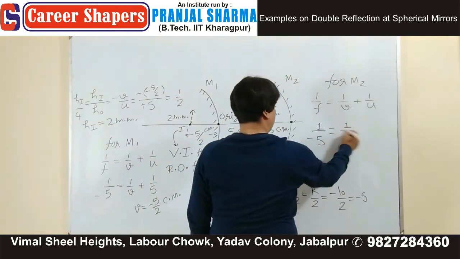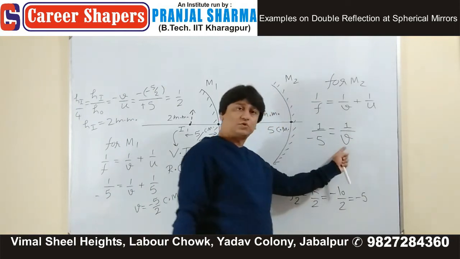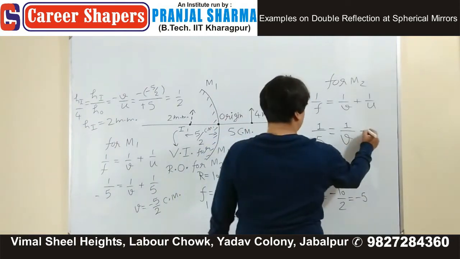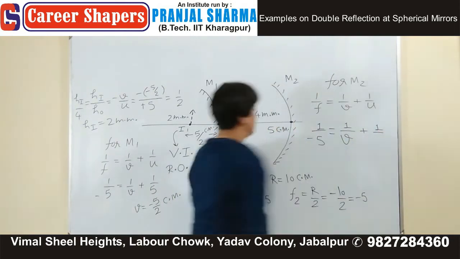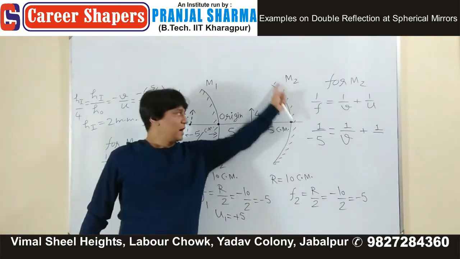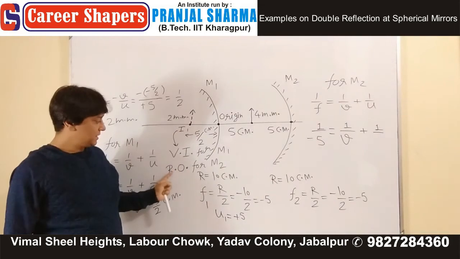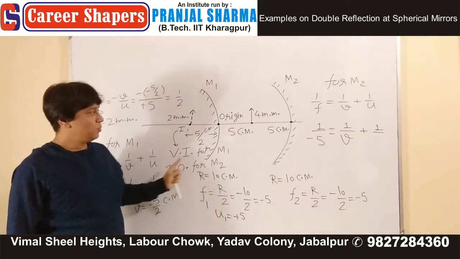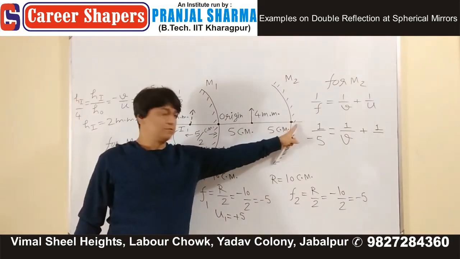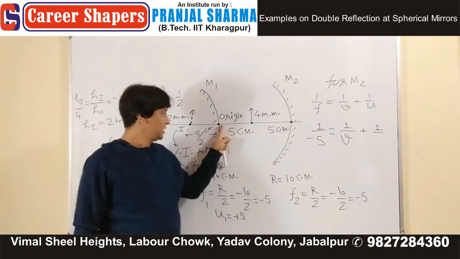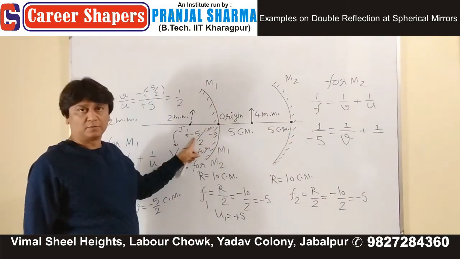1 upon V, this is what we are interested in, 1 upon U. For M2, this I1 acts as an object. What is the distance from the origin, from the pole? 10 plus 5 by 2.